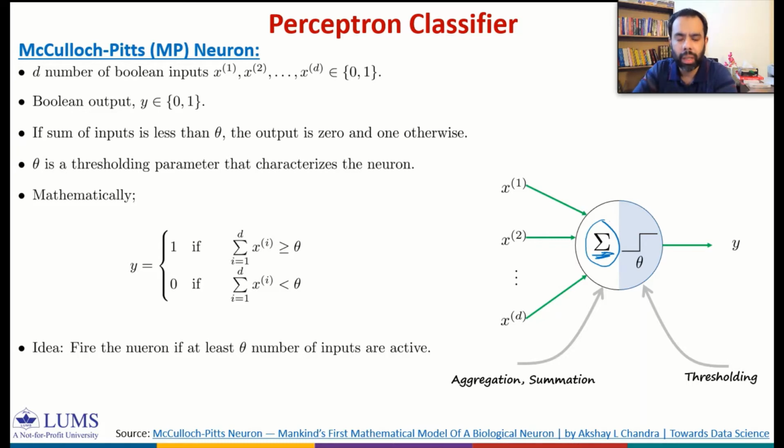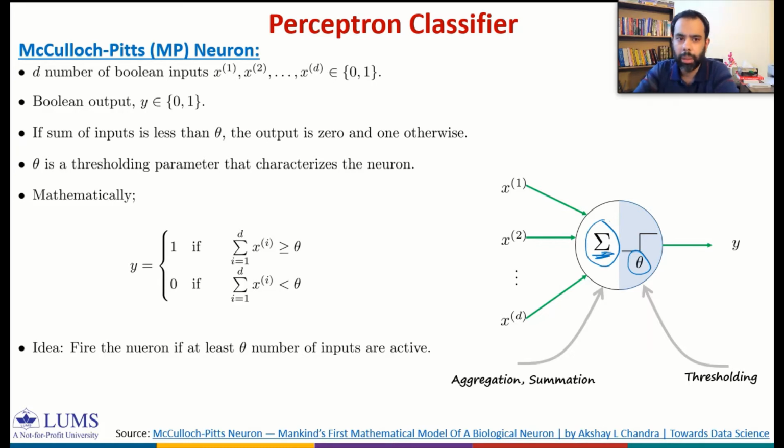If it is greater than or equal to theta, the output is 1. Right? So theta is a thresholding parameter that characterizes a neuron. Or we can say the McCulloch-Pitts neuron has only one parameter, theta, the threshold on the sum of the inputs.